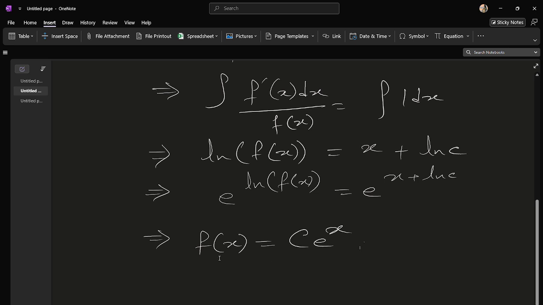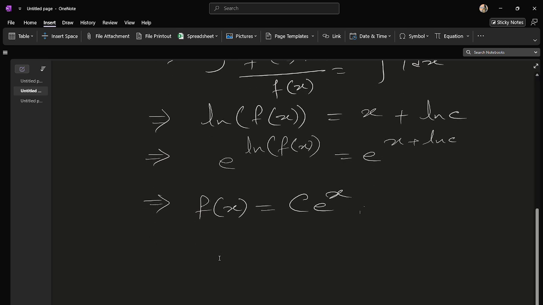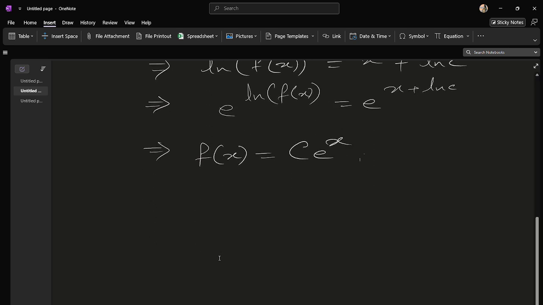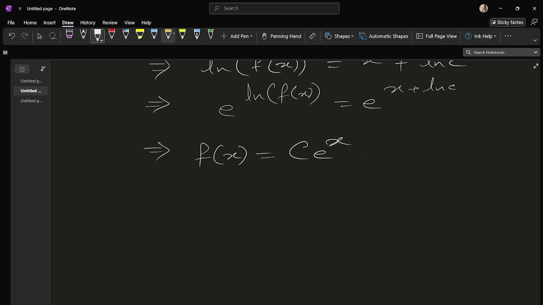So after solving this standard first order linear differential equation, our general solution is f(x) equals c e to the power x, for some constant c. Now we are going to substitute this into the given functional equation.